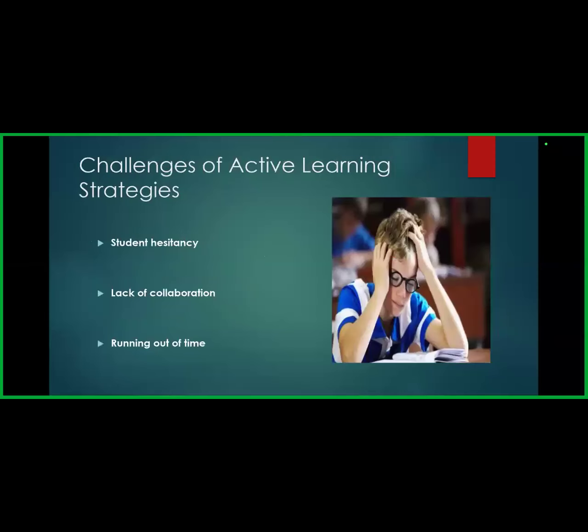Then, what are the challenges we generally see during active learning strategies? First is student hesitancy. In a class, we will have different kinds of students. A few students will be very active, a few will not, a few will be very shy, and a few will be hesitant, thinking that if I say this, they'll make fun of me.